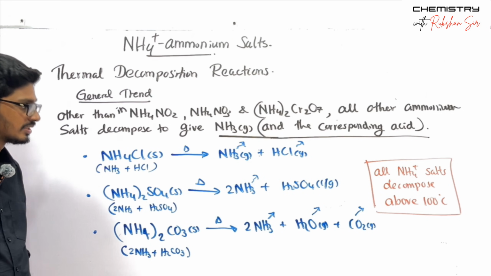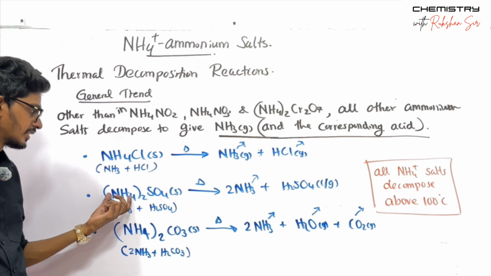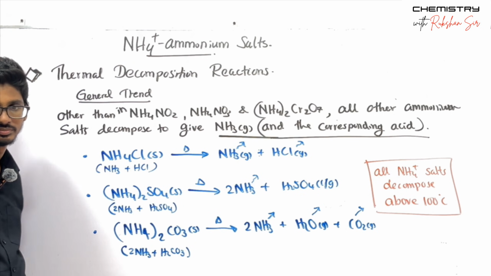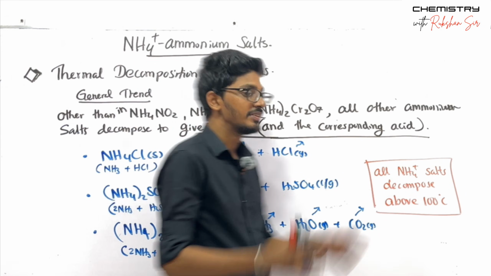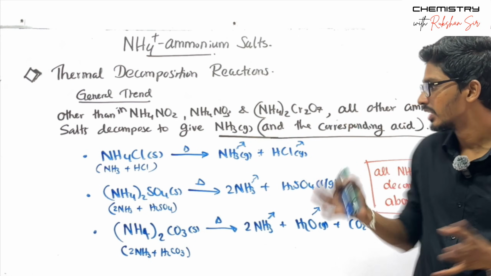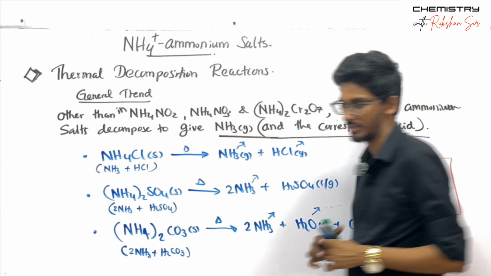So balancing is very easy. The stoichiometry of the ammonium salt is always equal to 1 in these reactions, so we only have to balance the other side by considering the left hand side. This is how the ammonium salts normally decompose, giving you NH3 and the corresponding acid.